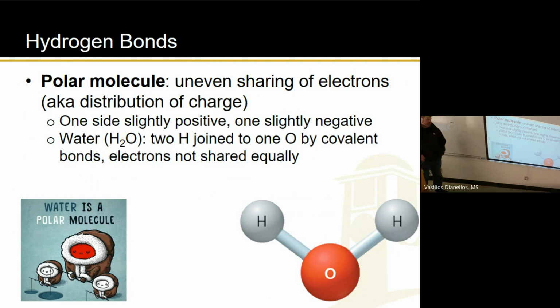So oxygen has 8 protons, hydrogen has 1 proton. If you're an electron, you're negative, so you're attracted to protons, right? So if you were an electron, would you rather be near oxygen or hydrogen?